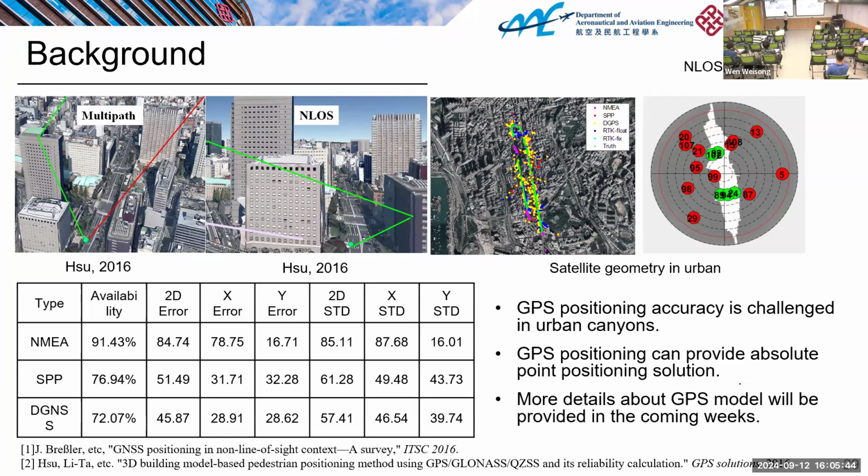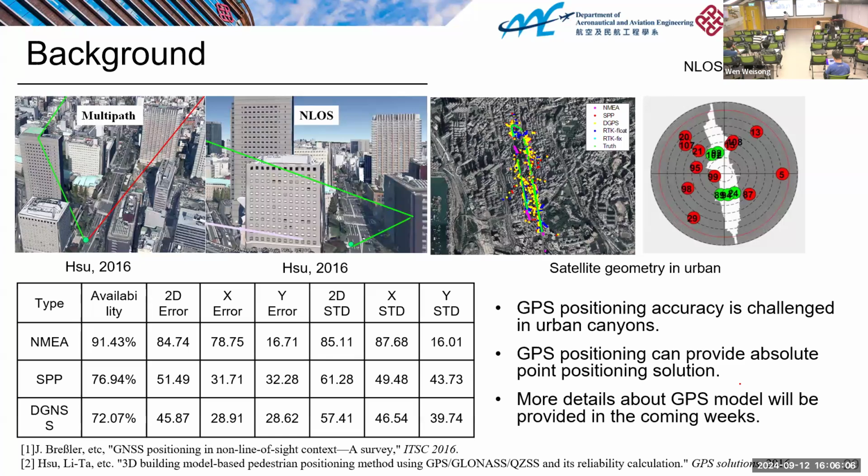Those circles with numbers are the index of the satellites. For example, the green ones: there are two tall buildings. If you look into the sky, you only have a very small area that is visible. So this is the area.